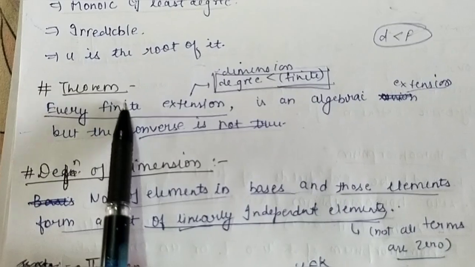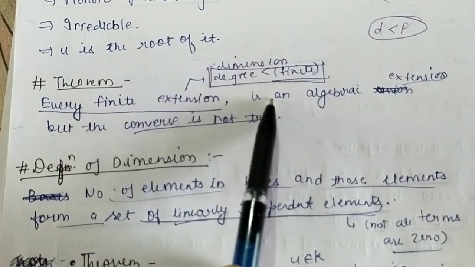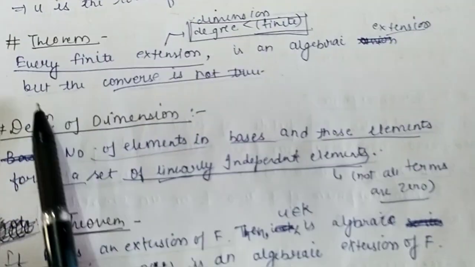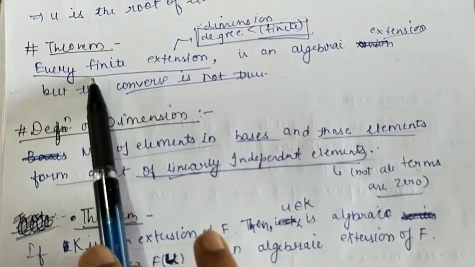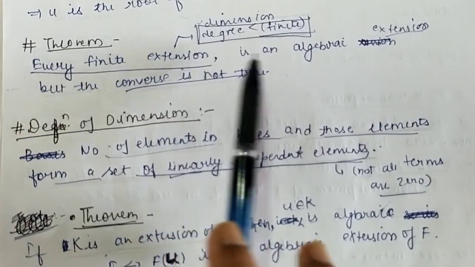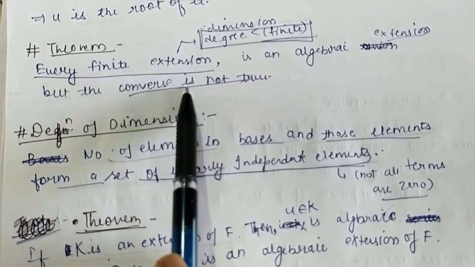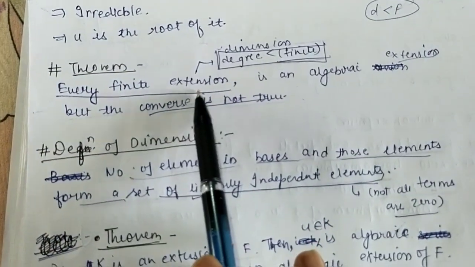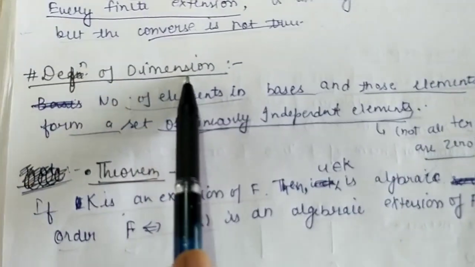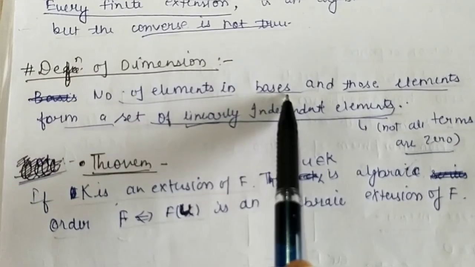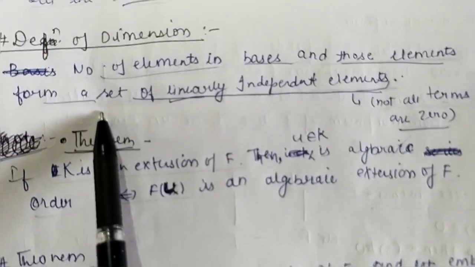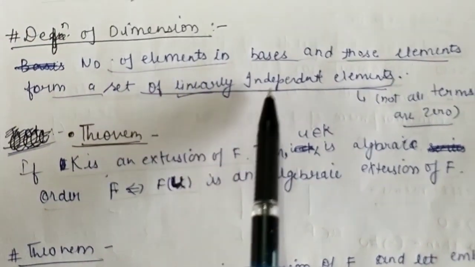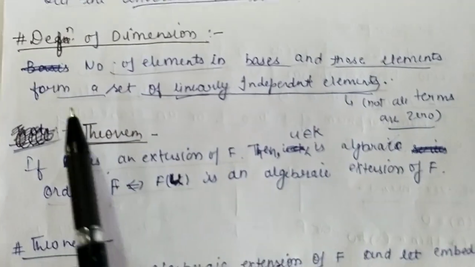Theorem: every finite extension is an algebraic extension but the converse is not true, meaning that a finite extension is an algebraic extension but an algebraic extension need not be a finite extension. Okay. Degree or dimension: the number of elements in a basis, and those elements form a set of linearly independent elements.